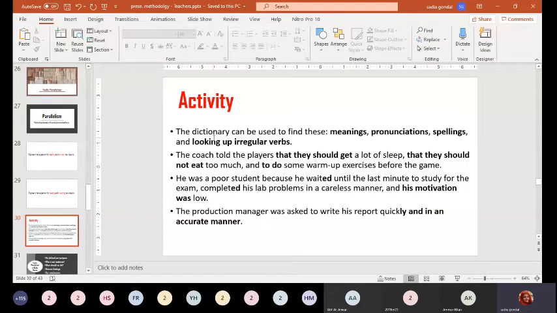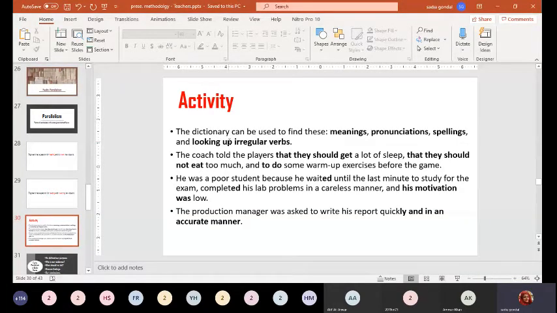Now this looking up seems to be the odd one out, because the word looking up is bringing an incorrect structure into the sentence in this list. We can easily do with: this dictionary can be used to find meanings, pronunciations, spellings, and irregular verbs. No need to add looking up in the sentence.